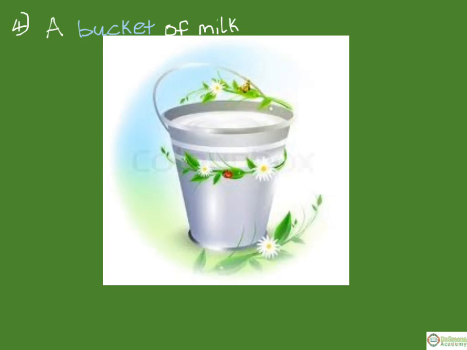And to the next, we can only say a bucket of milk and not a milk, because we can count by the bucket and not the milk in the bucket. That is why we can only say a bucket of milk and not a milk.